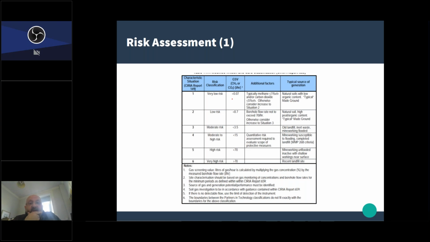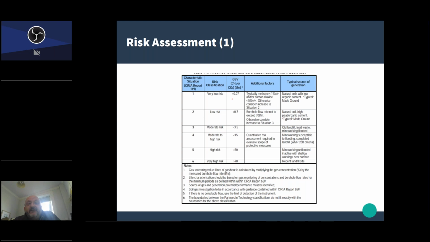It's quite useful. So if you're getting CS3 and you've only got a metre of demolition rubble type made ground, well, look at CS3. It says old landfill, inert waste, mine workings, flooding. So you're at the landfill level.